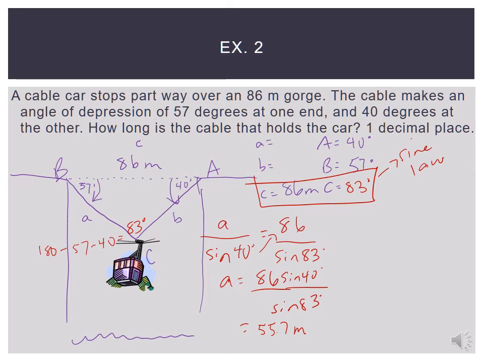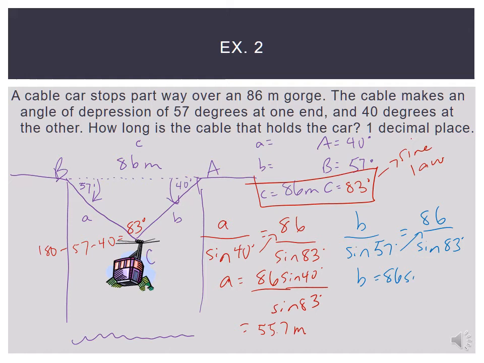Okay, so there's A. Now let's find B. And remember, since this isn't 90, we can't use Pythagorean theorem, so we're going to go back to sine law. So B over sine 57 equals, again, the letter you drew the box around. So that was C, 86 over sine 83.